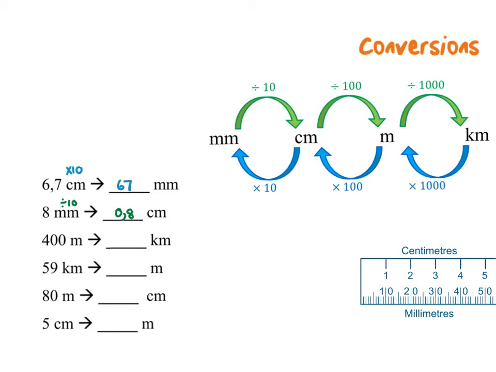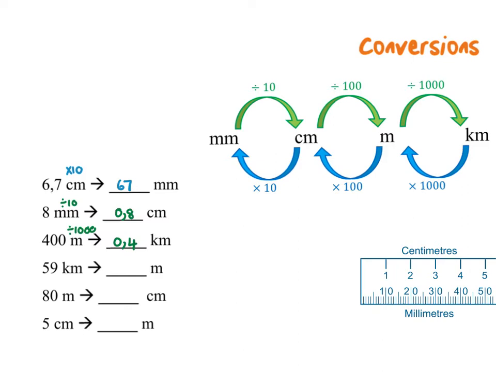400 meters, or once around the athletics field, is not yet 1 kilometer. So back on my chart here at the top, from meters to kilometers, I need to divide by 1,000. And that will give me 0,4 kilometers.